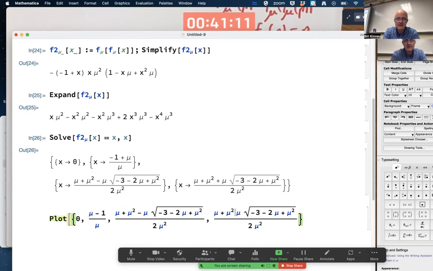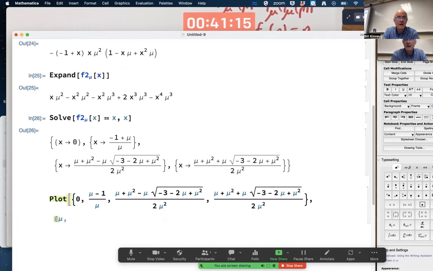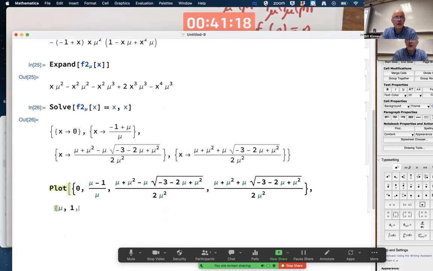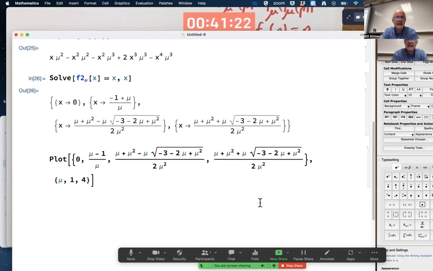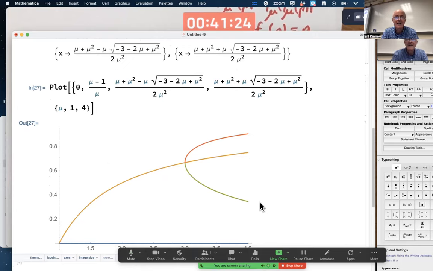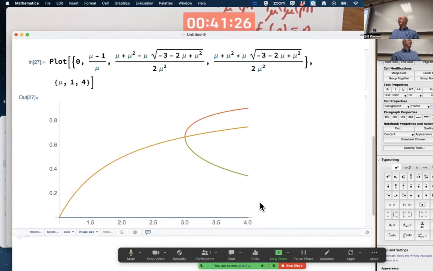Change this minus sign to a plus sign here. What am I going to see? Kind of looks like a bifurcation diagram. Started one at least.